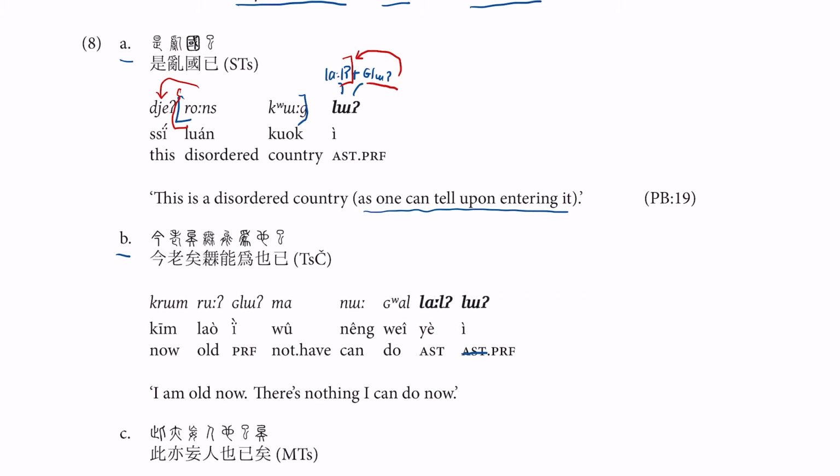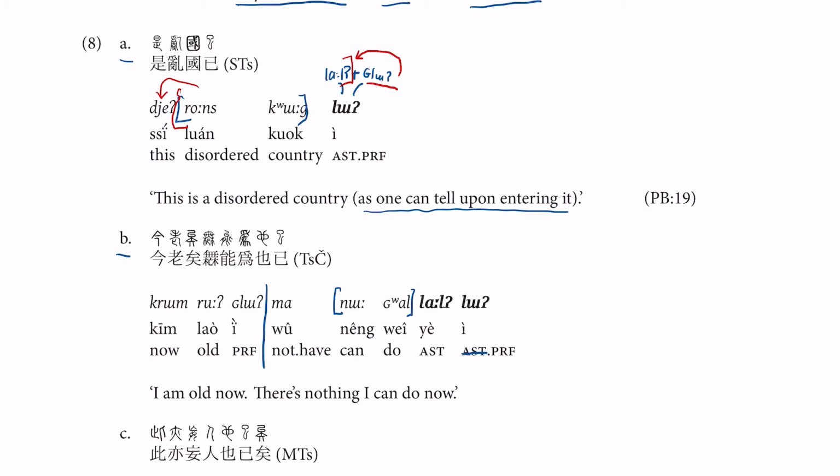And our task is to find out the scope of the particle lao and that of the particle lu. Okay, so this is the first half of the sentence. And in the second half, it says not have, can do. Since not have usually would require a nominal object, the can do part is probably nominalized underlyingly. So it means something that one can do, right? So not have anything that one can do.